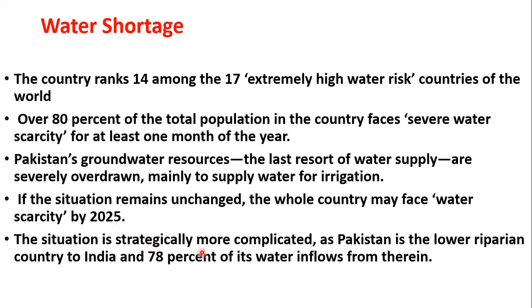Another reason for the water crisis is the strategic location of Pakistan and our relations with India, because almost 78% of the water of the eastern rivers flows from Indian occupied Kashmir into Pakistan, and India is making many dams, illegal construction of dams, and trying to convert the water flow of Pakistan into their own areas, violating the World Bank Indus Treaty.